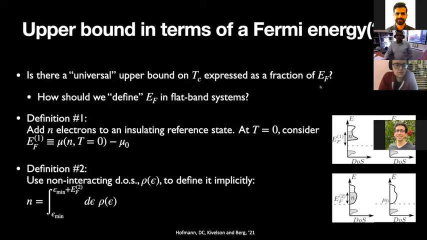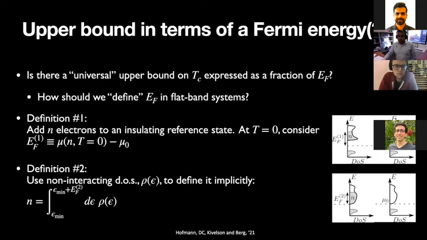But how do you do that more generally? Specifically, if I'm interested in flat band systems, how should I think about defining the Fermi energy? We can come up with all kinds of definitions. I'm just going to motivate two specific definitions, which are partly inspired by experiments, because these are things that one can totally imagine doing in the lab.